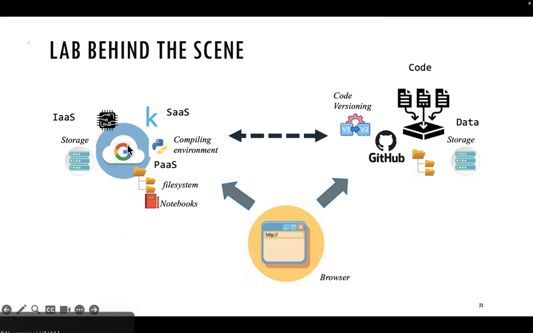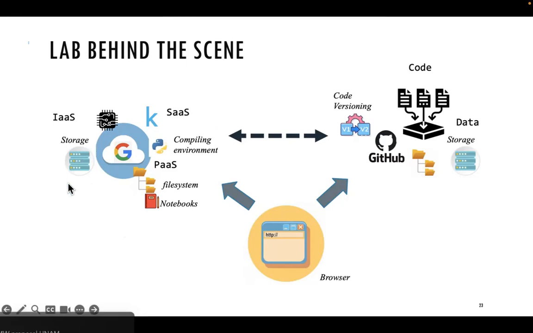So we have the other side. We will be using Google Cloud, and Google will provide us with infrastructure as a service in the form of different processing units: CPU, GPU, tensors for matrices, so different hardware that we can use in order to run our programs.